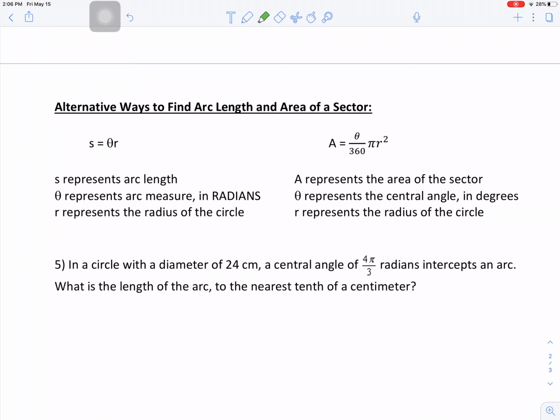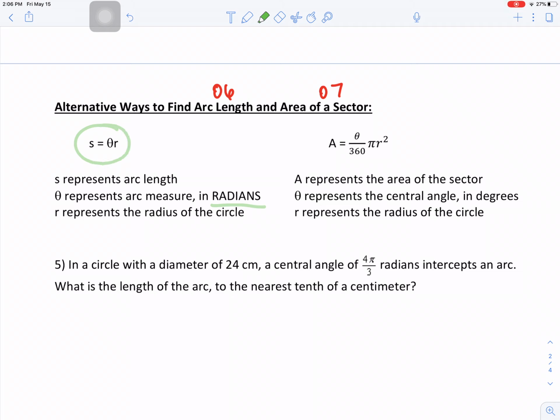I want to get into alternate ways to find arc length and area of a sector. So we already did arc length in lesson 06, and this 107 was finding area of a sector. There's another way to do it if you deal in radians. Okay, if you deal in radians, you can use the SOAR formula, it's called.